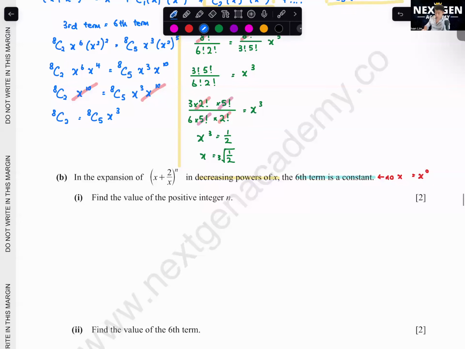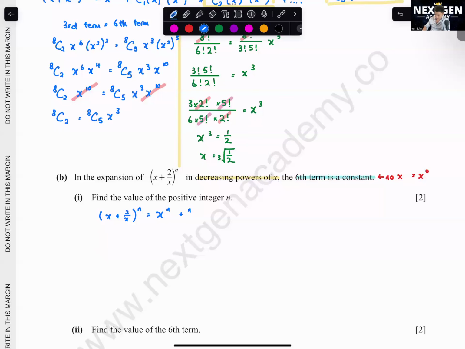Let's write a general formula first so you get a feel for what is descending. So x plus 2 over x to the power of n equals, the first term will be nC0 x to the power of n.